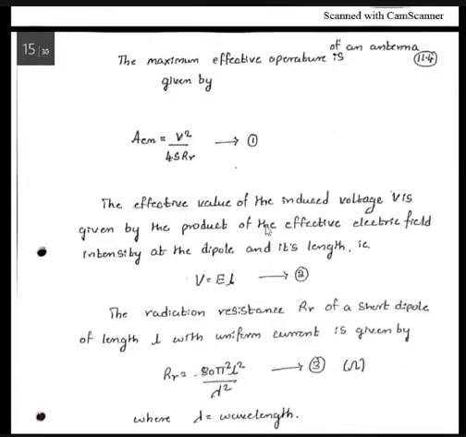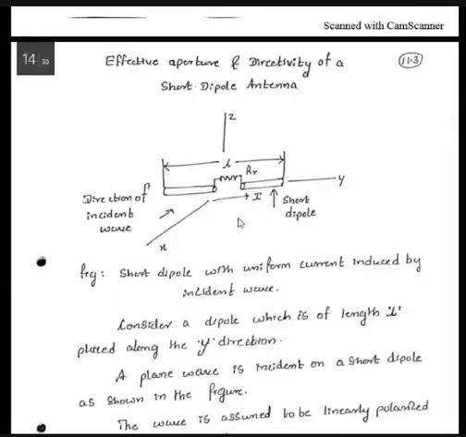The effective value of the induced voltage is given by the product of the electric field and the length of the dipole.